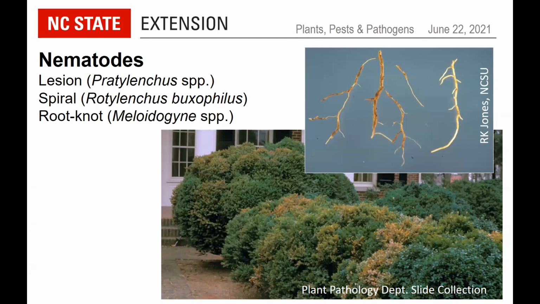Now I say we, but basically it's our practice, when we have a boxwood sample and a couple of other shrubs, to automatically forward some of that soil and those roots to the nematode assay laboratory at the North Carolina Department of Agriculture and Consumer Services, who do the elucidation and the enumeration of the nematodes there.